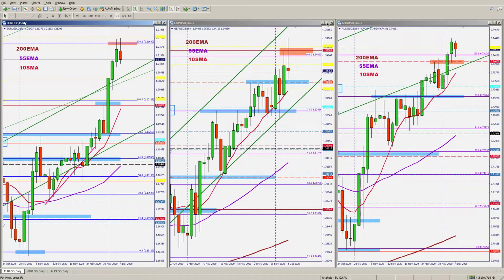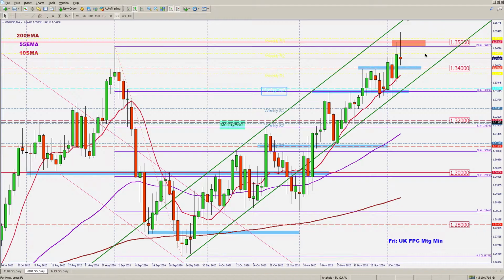All right, going back to the cable. The cable didn't break out as bullish as the euro, but it did, however, break out from the 134 area to eventually now hit the 135 as a key resistance, and it's also spiked through the swing high.